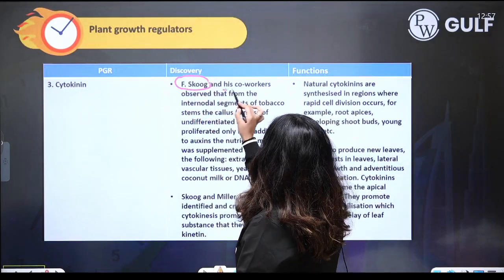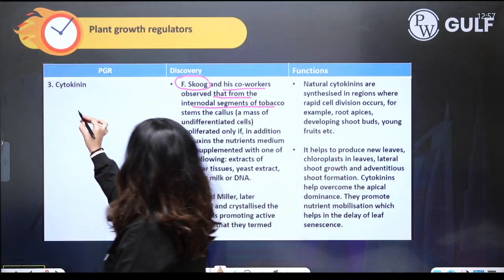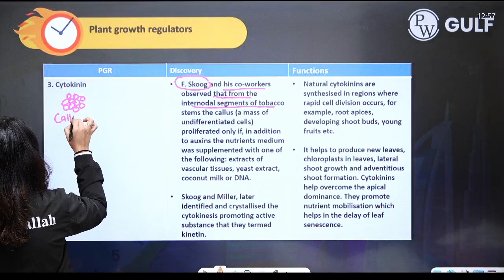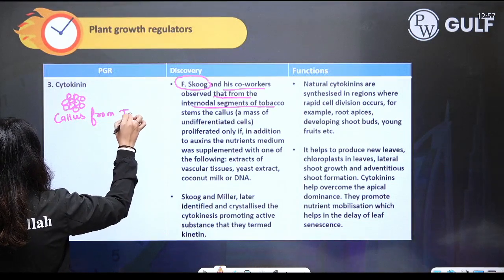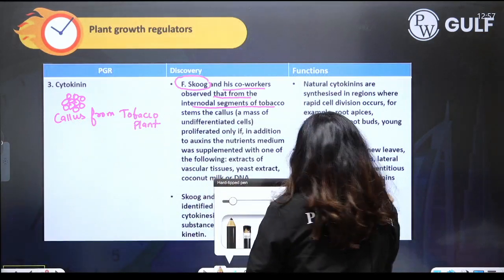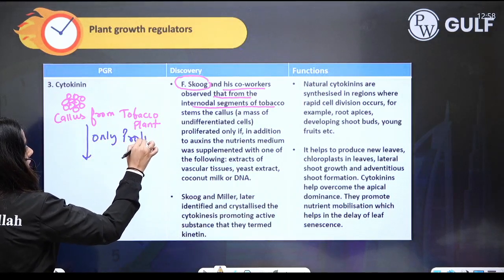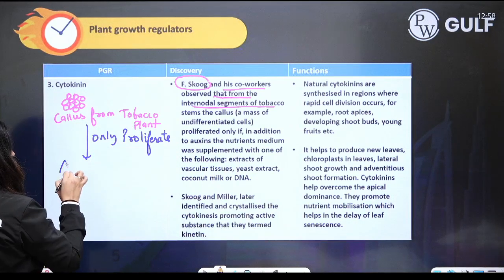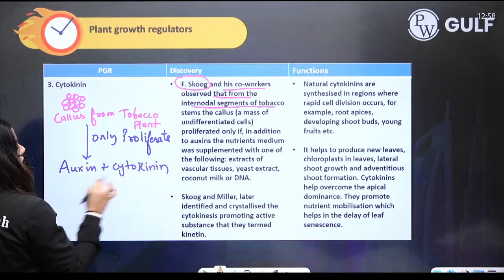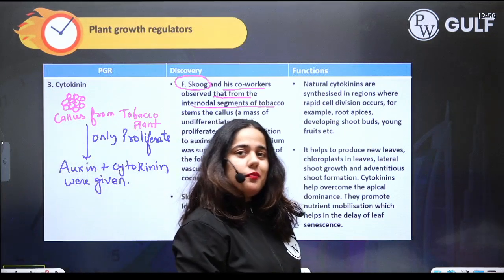F. Skoog and his co-workers observed that the internodal segment of tobacco, the callus from tobacco plant, and callus means a mass of cells, only proliferates when auxin plus cytokinin were given. Okay, proliferate means to make stem and root.